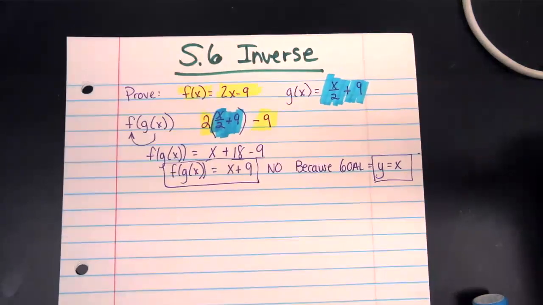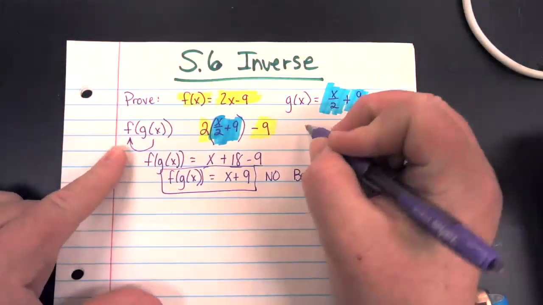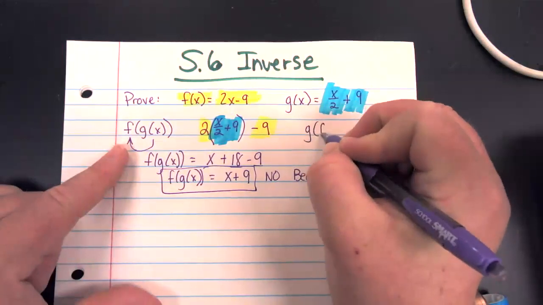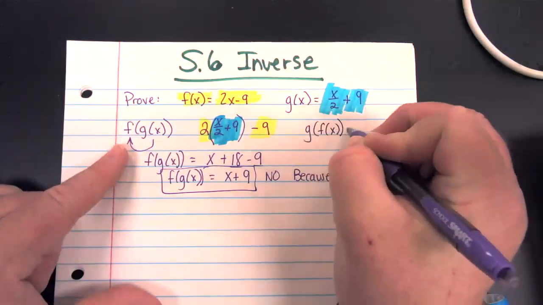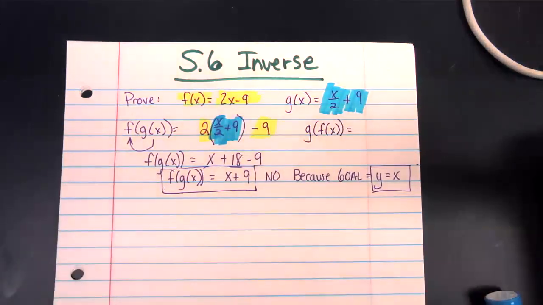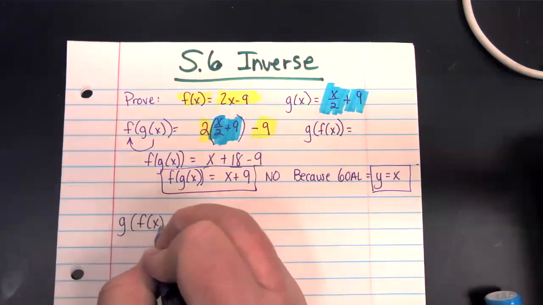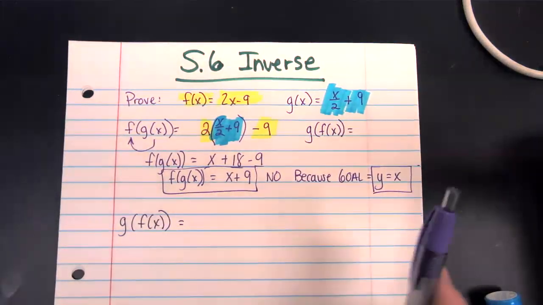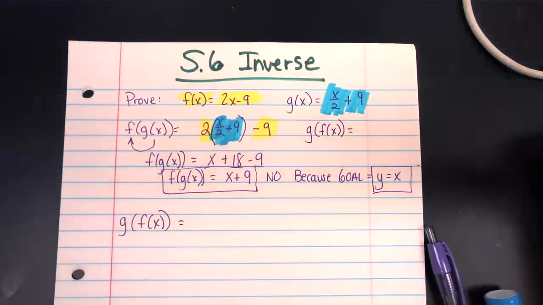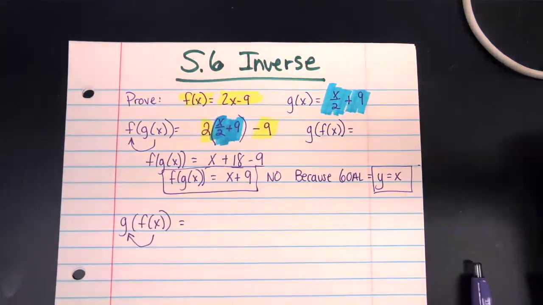Normally what you would do is you would take g and plug it into f, and then you take f and plug it in to g, and hopefully get the same thing. Well, let's try it just to show that, you know what, this isn't going to fly. So notice what you're doing now. You're taking f of x and plugging it into the g of x, okay?